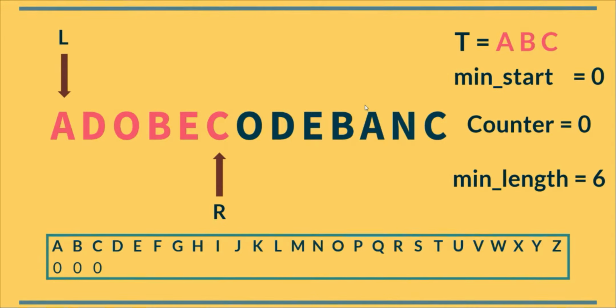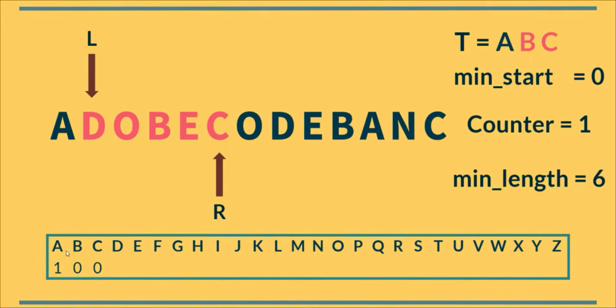Now we try to shorten the substring and check if we can find a smaller substring which is still valid. To do that, we move our L pointer towards the right. Now when we move our L pointer towards the right, what happened is we removed an A from our window, but A is a part of our string T. So we increase the value of A in our hash map and now it becomes 1.